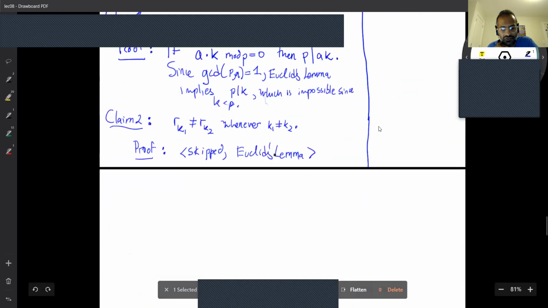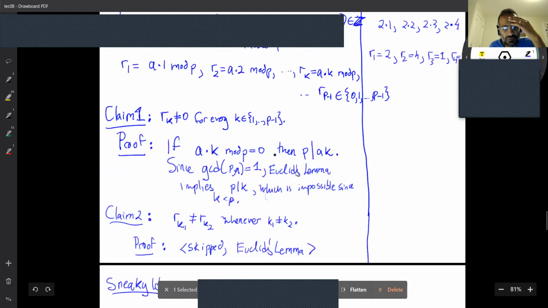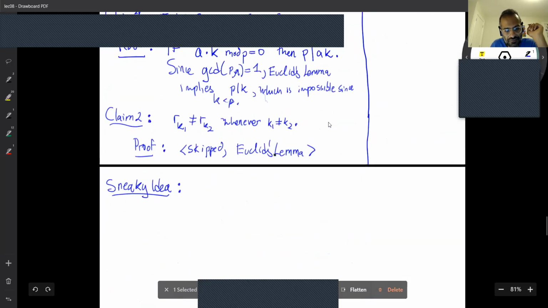Okay, so now I'm going to do something really sneaky. Here's a sneaky idea. Usually you don't write sneaky idea in the middle of a proof, but I want to emphasize that. Sneaky idea is we will compute the product of these numbers in two different ways.